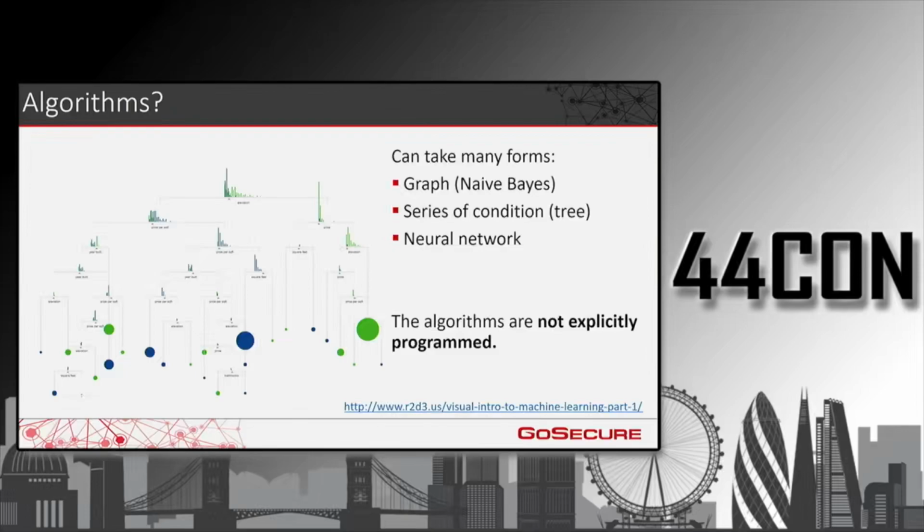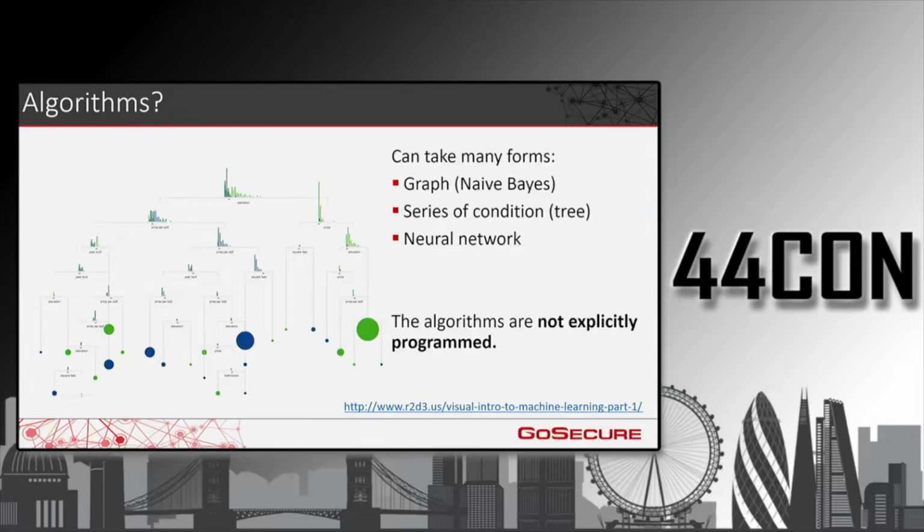When I say machine learning is producing algorithms, there are multiple types of algorithms it can produce. Naive Bayes, or a series of conditions, so a decision tree. I have an example, it won't be too small to read, but basically, when we have new unclassified data, we start from the top of the tree, and based on each condition, we go left or right, and at the end, we get our value for the prediction.